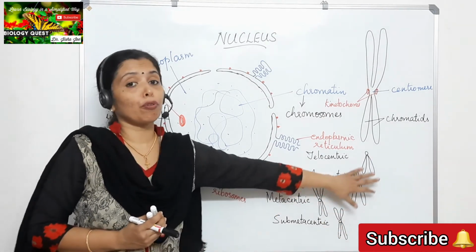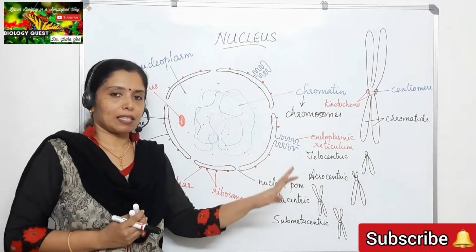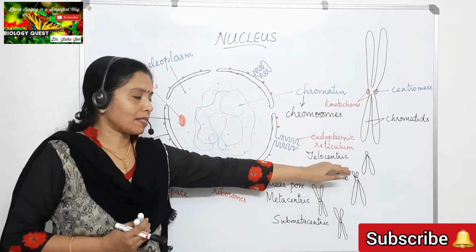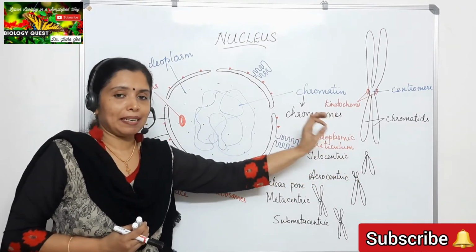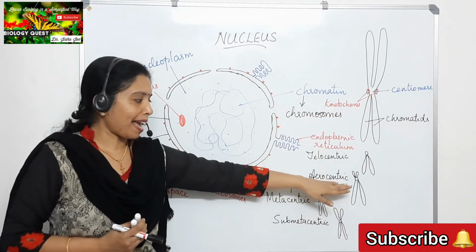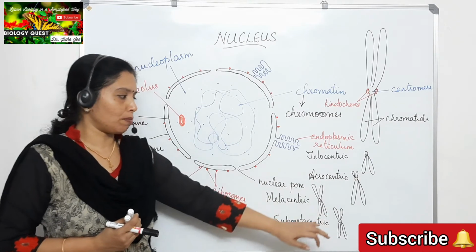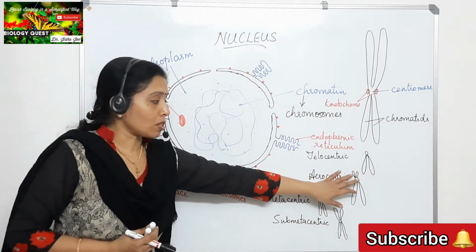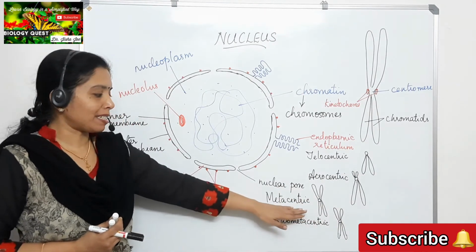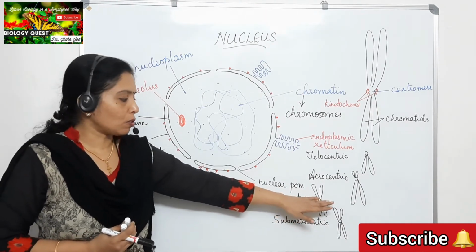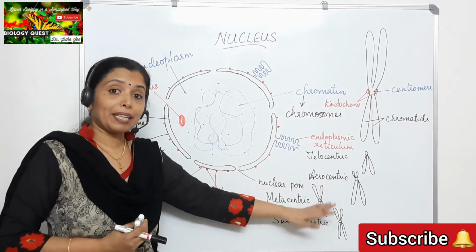center. So these are the four different types of chromosomes based on the position of the centromere. The first type is telocentric, where the centromere is located terminally at one end of the chromosome. Acrocentric, where the centromere is more towards the end of the chromosome, producing an extremely short arm and a very long arm. Then metacentric, where the centromere is located exactly at the center, producing two equal arms.